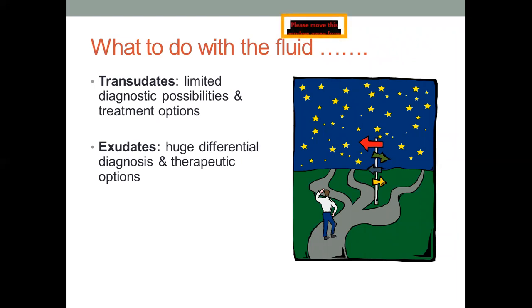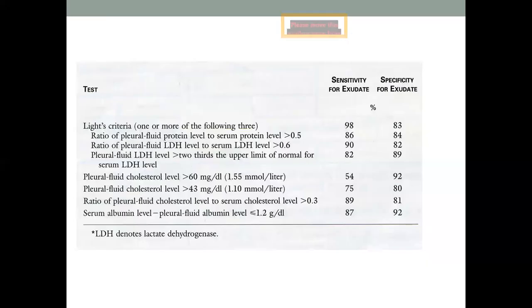So the diagnostic possibilities will be less, and the treatment option will be the treatment of the causes of transudate. And if there is exudate, there will be a huge differential diagnosis, and there will be multiple therapeutic options.